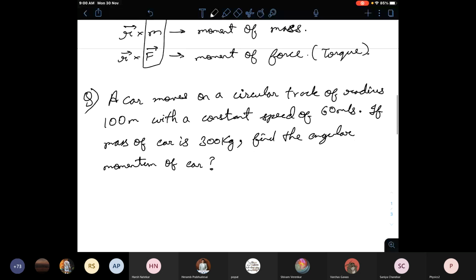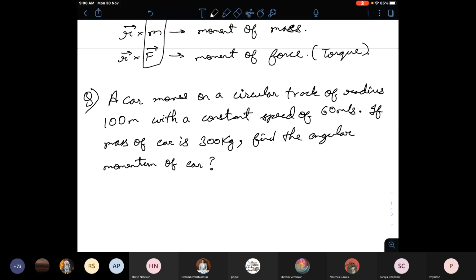This is the question: there is a car on a circular track. The radius, speed and mass of the car are given. So here you can easily see that the values given to me are all linear values.